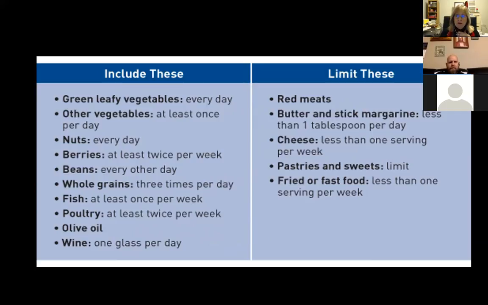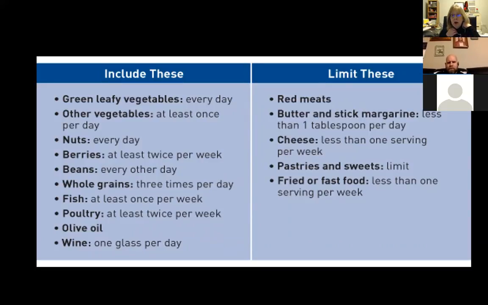Now, I'm not usually telling people what not to do, but you want to try and limit. Instead of having a 12-ounce steak, could you go for a 4-ounce filet when you go out to dinner? Limit yourself to butter and stick margarine, 1 tablespoon a day. Cheese, less than 1 serving a week.